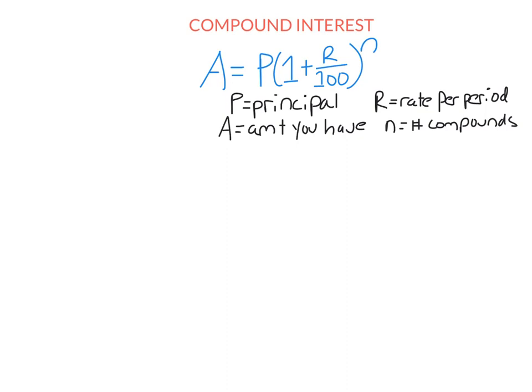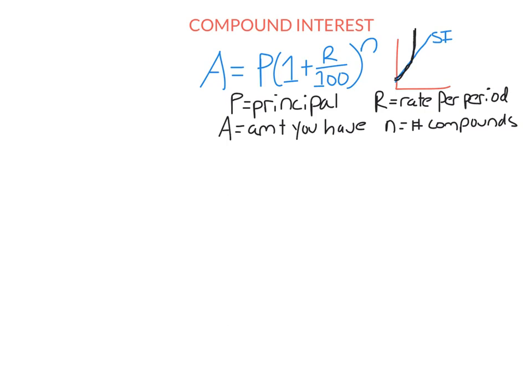If we look at a graph, simple interest means the interest you're earning goes up by the same amount each time, like each year. Simple interest, which I'll call SI, is this blue graph there. But with compound interest, it's the same for the first year, but it gets bigger faster.